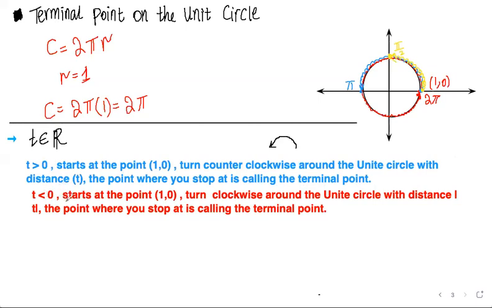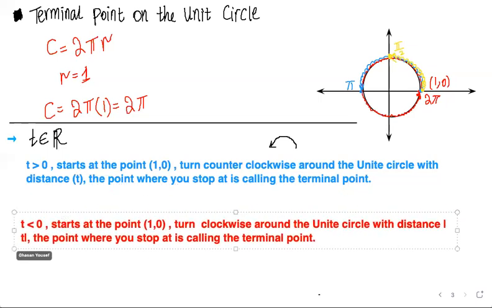If t is negative, exactly the same thing, but the difference is the direction. We're starting at the point 1, 0, this point. We turn clockwise. Clockwise means move like that. Here, counterclockwise means like this.